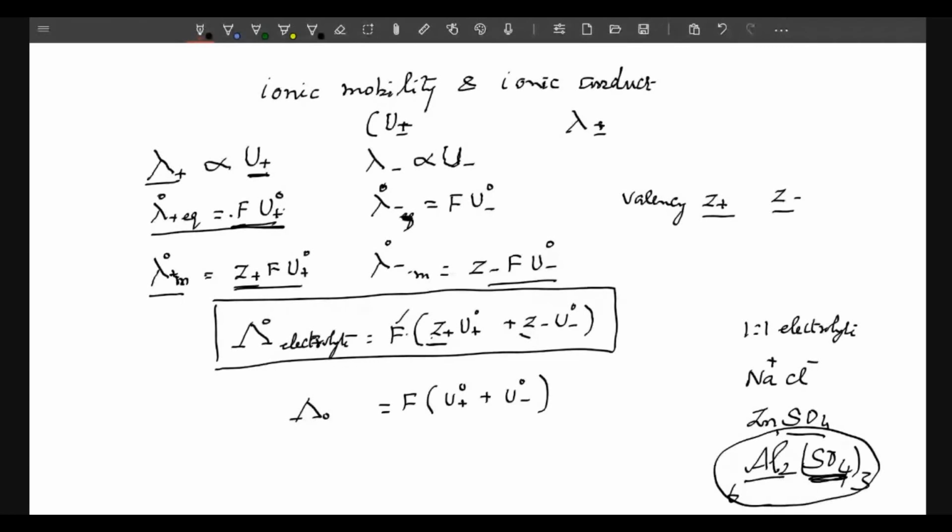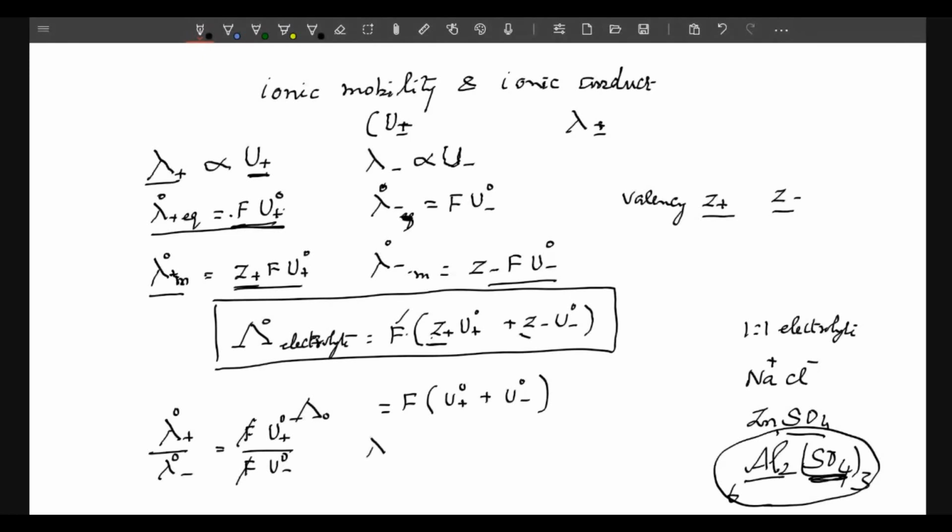And if you put for a 1:1 type univalent electrolyte, lambda plus naught by lambda minus naught is equal to F into U plus naught divided by F into U minus naught. F and F cancel.